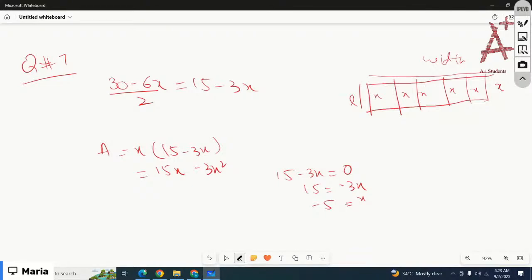That means the area is maximized at x equals 2.5, right?